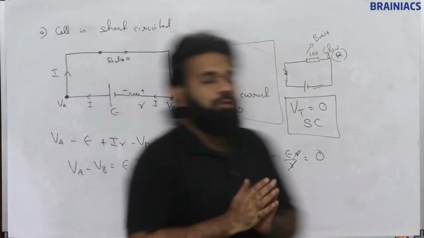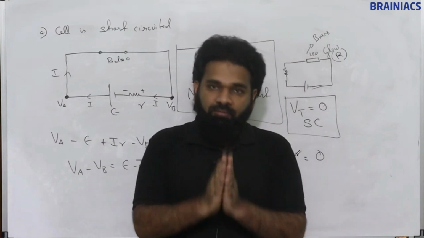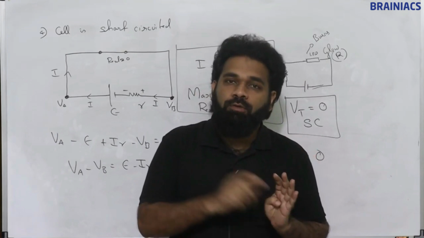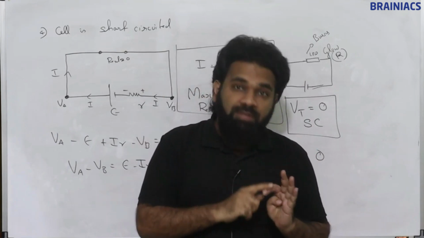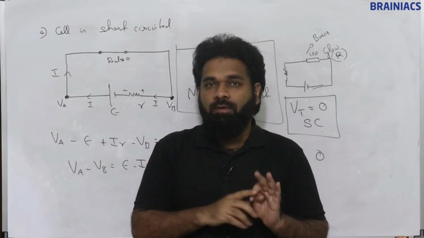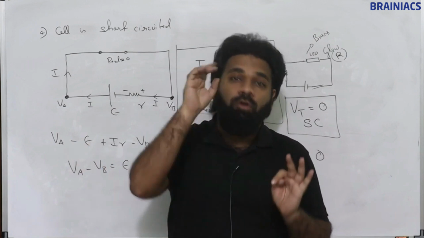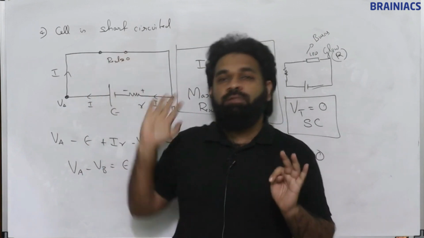Okay, students, I'll tell you the definitions. EMF is the work done per unit charge in order to make it flow in the closed circuit. EMF is the terminal potential difference, or the potential difference across the terminal, when no current is flowing. Same case with the open circuit.